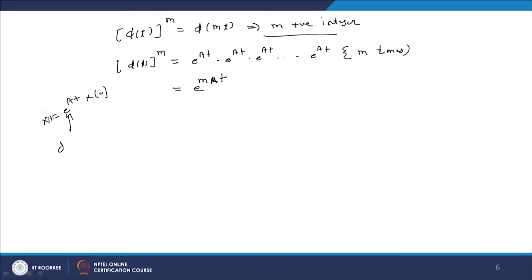So this is written as phi of t. So here this can be written as phi of (m into t). Here the m term has been added, therefore this result has been proved. So these are the properties of the state transition matrix.